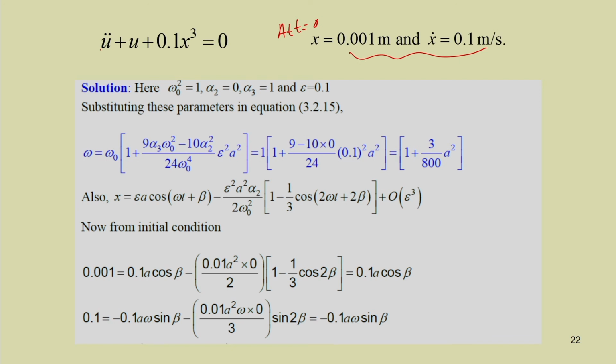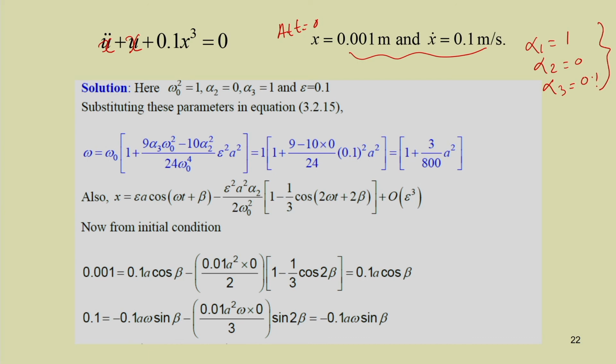So, this equation can be written as x double dot plus x plus 0.1 x cubed equal to 0. Here alpha 1 equal to 1, and as x square is missing, alpha 2 equal to 0, and alpha 3 equal to 0.1.